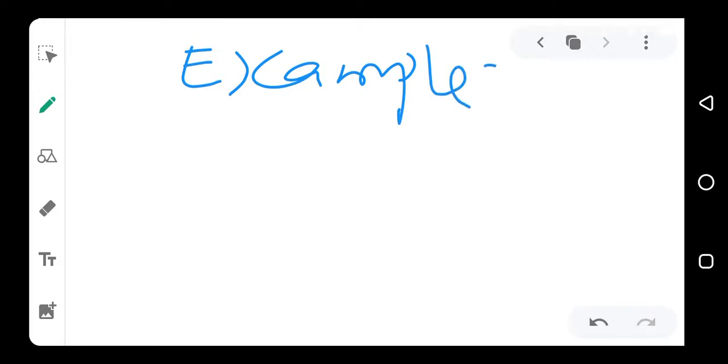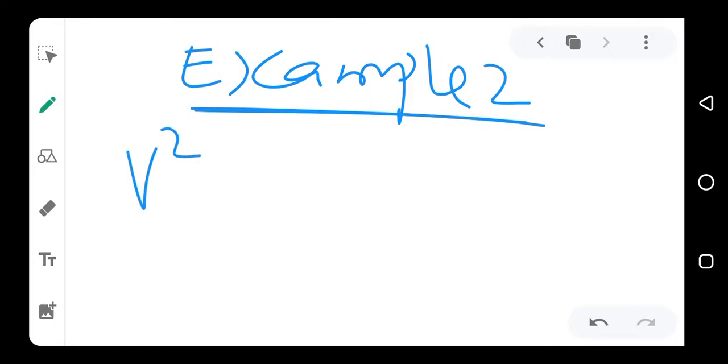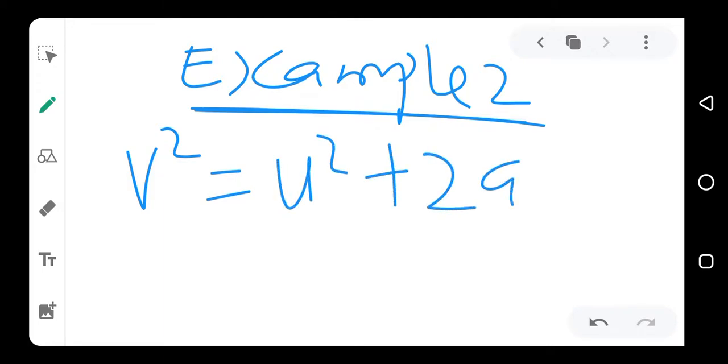Example 2. If you have an equation like v squared is equal to u squared plus 2as, and we are asked to verify this equation, then solution.